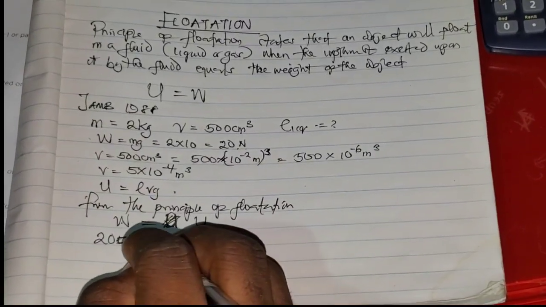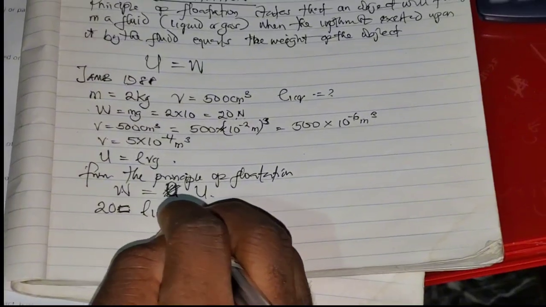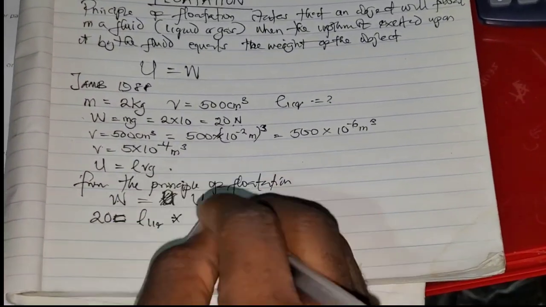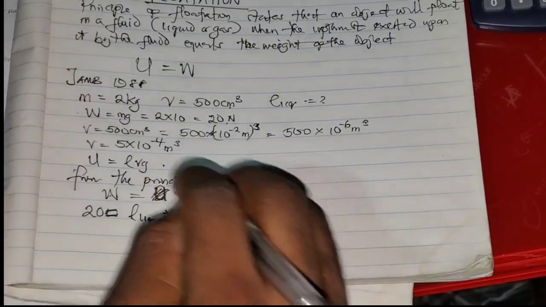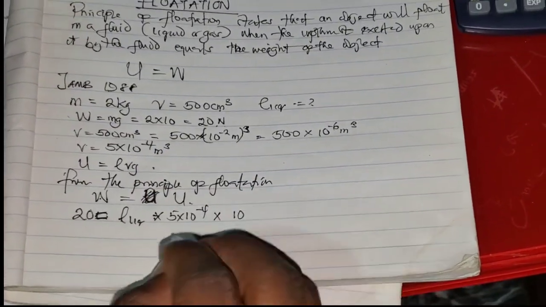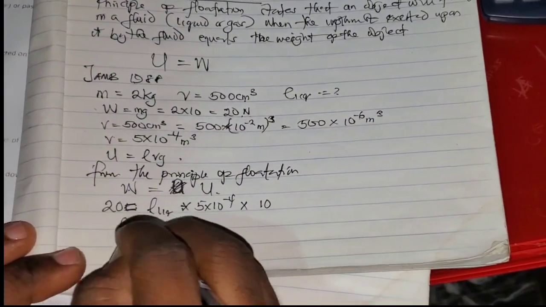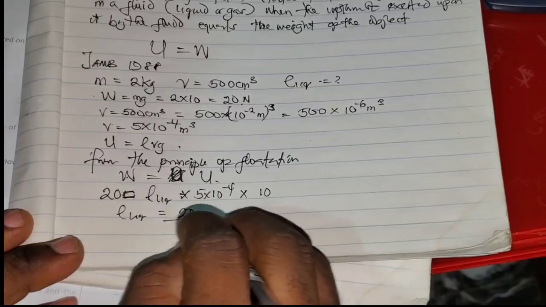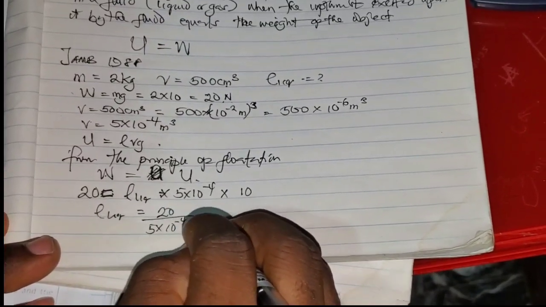Our rho is what we're looking for, the density of the liquid, times V, which is 5 times 10 to the minus 4, times 10. So the density of the liquid equals 20 over 5 times 10 to the minus 4 times 10.